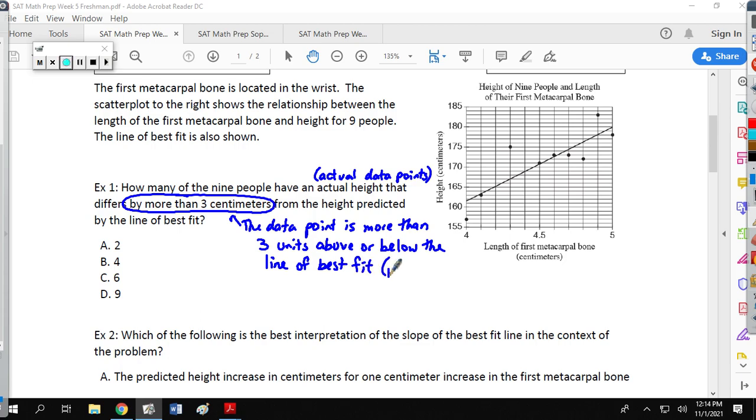Because that would be our prediction. The line of fit gives us our prediction.